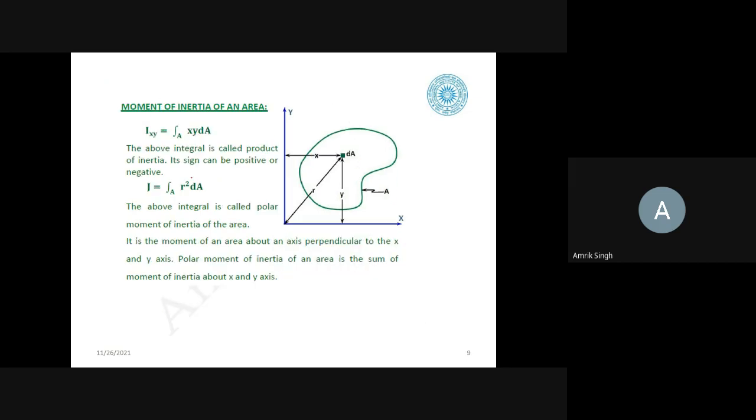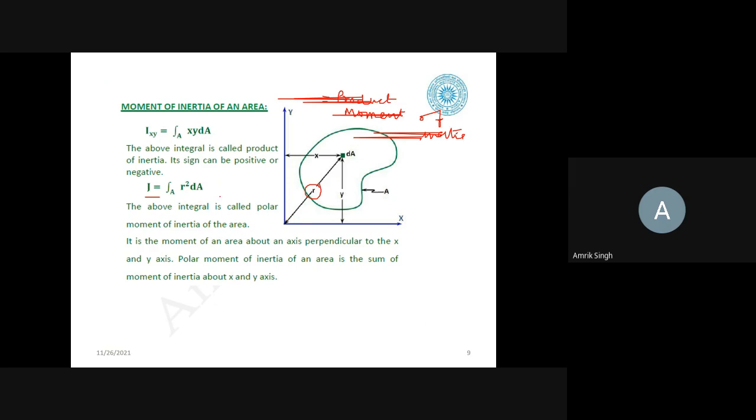Then next is the moment of inertia of an area. If we take about xy, this is also known as the product moment of inertia. If we take about z, then it is about the polar distance r, and the z-axis will be perpendicular to this.